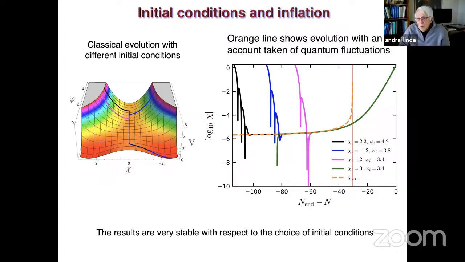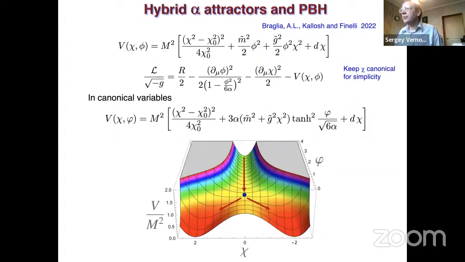Yeah, my question, can you show the previous slide? Your initial condition of your field phi should be less than square root of 6 alpha. It must be. Because for me it is some fine-tuning of the initial condition. What?